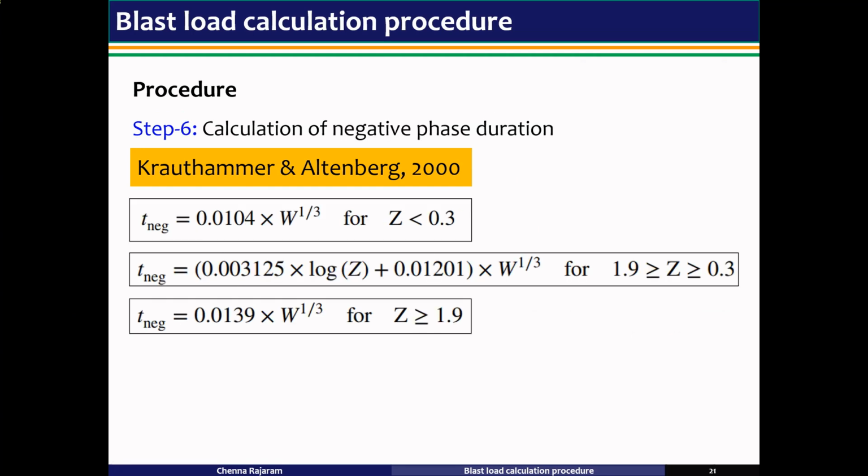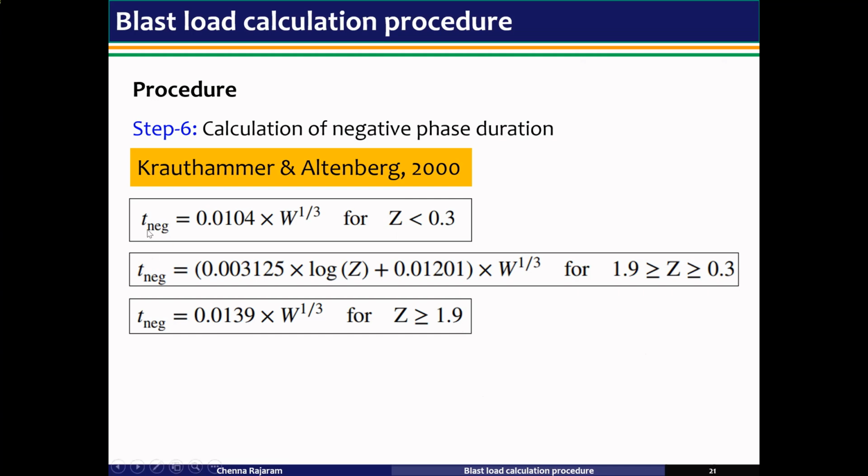Next step is the calculation of the negative phase duration. The same authors proposed three equations with respect to the scaled distance: Z less than 0.3, Z in between 0.3 and 1.9, and Z greater than or equal to 1.9.